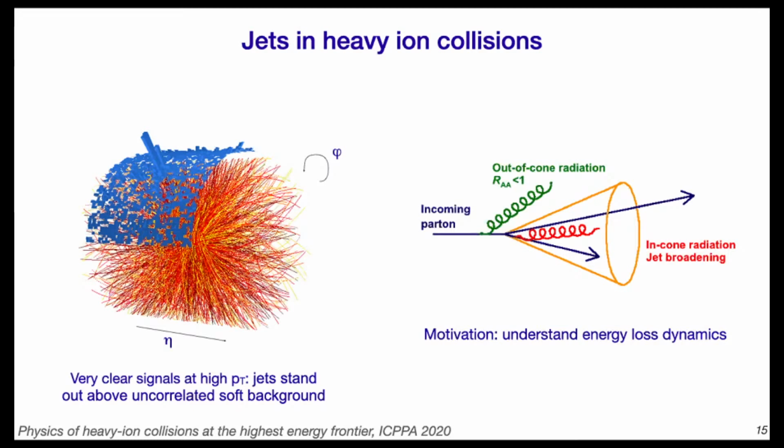And this is an interesting tool because it allows us now to study the angular distributions of the radiation or the energy loss. And you can, for example, distinguish in-cone radiation, which does not lead to a suppression of the jet yields because it's counted in the jet energy, but to a modification of jet structure, and out-of-cone radiation, which leads to a suppression of jet yield. And that you can use then to benchmark your understanding of the energy loss process itself.